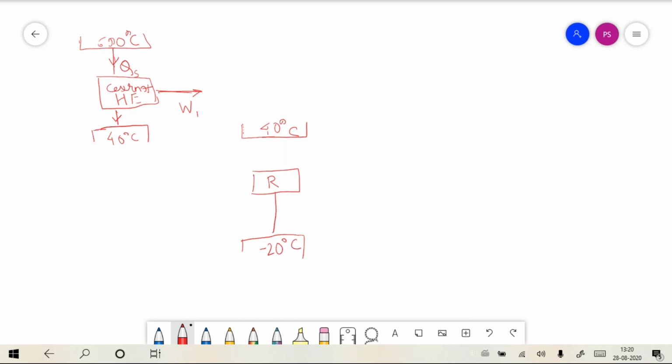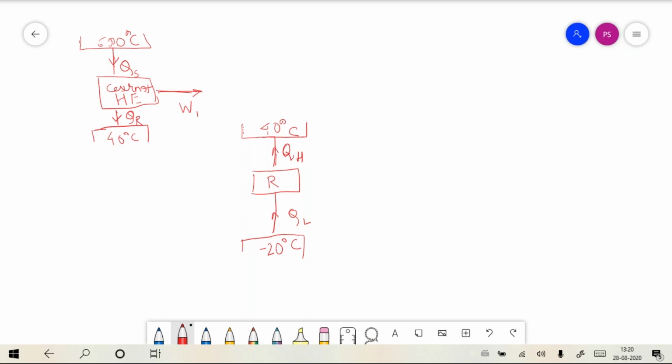Let us call this QL, and let us call this QH. Whatever, you can use any notation, that is not important. I'll call this QH, and I'll call this QR, heat rejected.